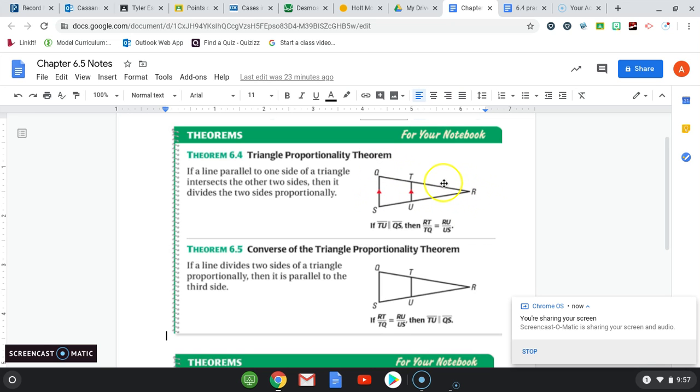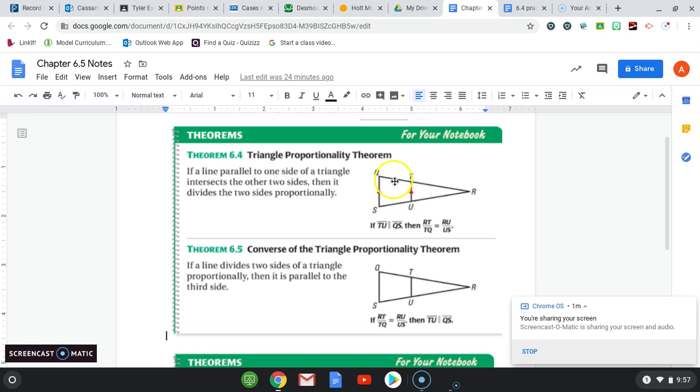And in addition to all the corresponding sides being in proportion, also in this chapter, they're telling you that the ratio of RT, which is this side, over TQ, which is that piece, is equal to the corresponding side on the other side, RU, over US.